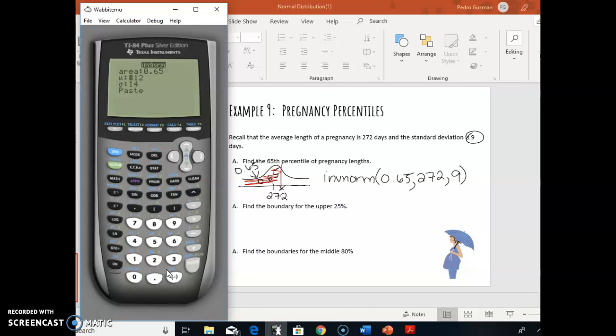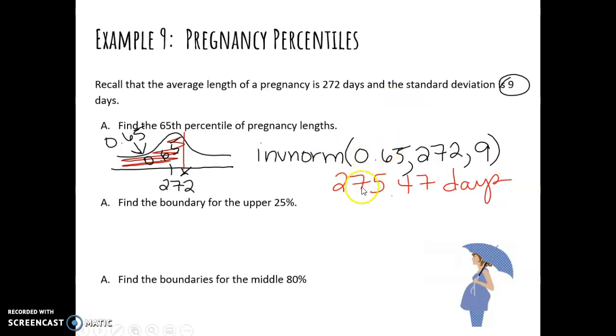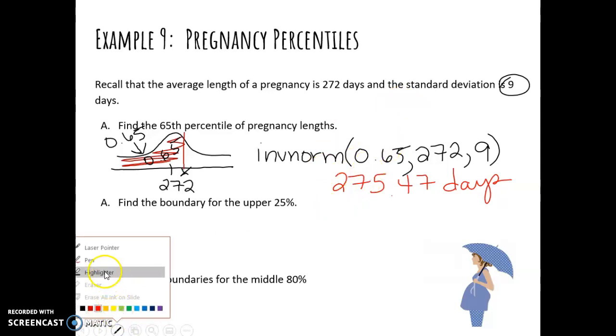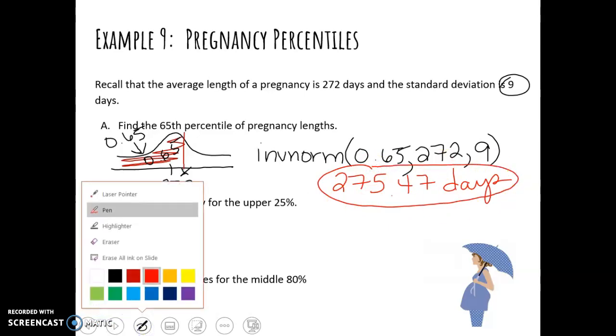The mean is 272, and the standard deviation is 9. So we get 275.46788843 days. Let's round to 2 decimal places, so 275.47. So the 65th percentile that separates the lower 65% from the upper 35% is 275.47 days.